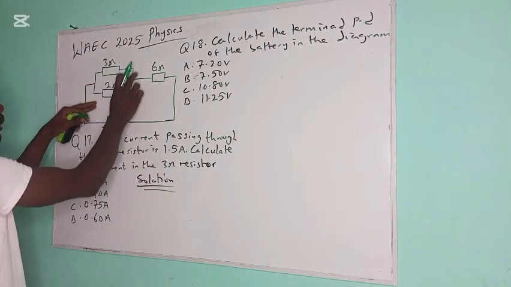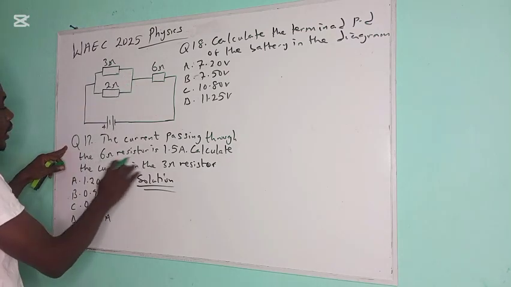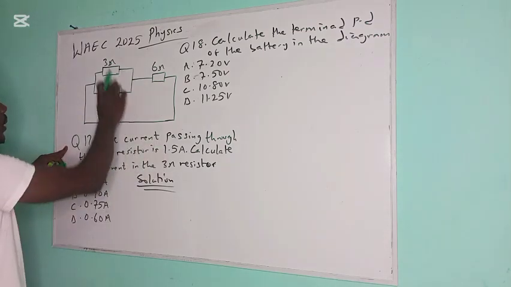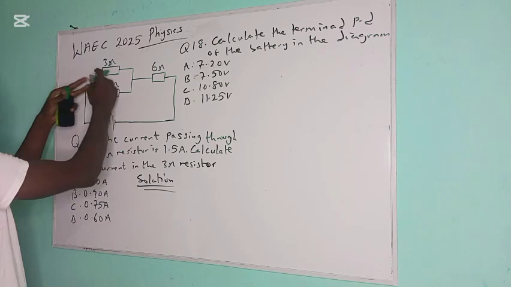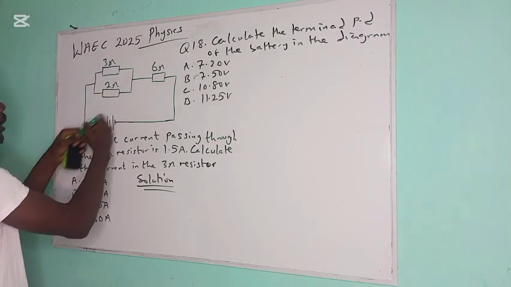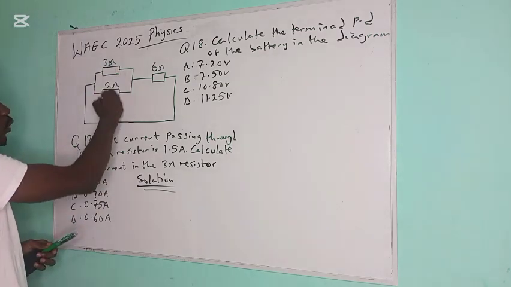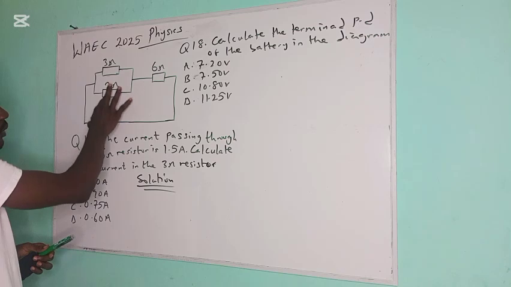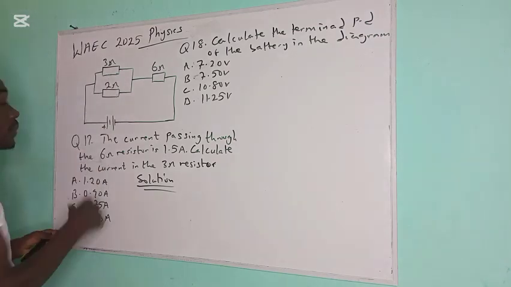Before we can get 1.5 amperes here, we need to combine these resistors together, since they are in parallel.